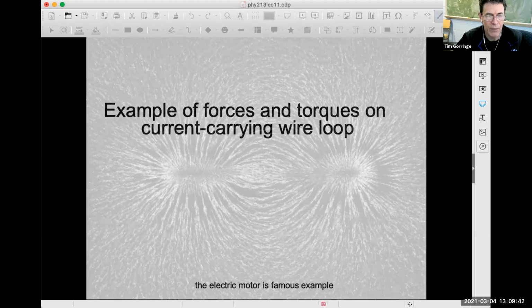We make the current that comes out of the outlets by loops of wire that are moving through magnetic fields. That's how we generate electricity. We use electricity often to make motion by loops of wire in magnetic fields. So our understanding of our modern lifestyles is based on loops of wire carrying currents in magnetic fields.